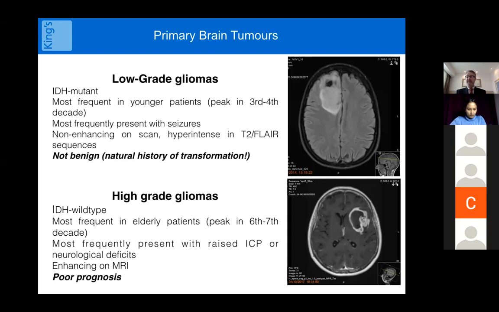They appear as enhancing on MRI because they are quite malignant, and they can disrupt the blood-brain barrier. So when you inject the dye, they are localized. And obviously, they are associated with a poor prognosis. For glioblastoma, currently, the survival of the majority of patients is between 1 and 2 years from the time of diagnosis.